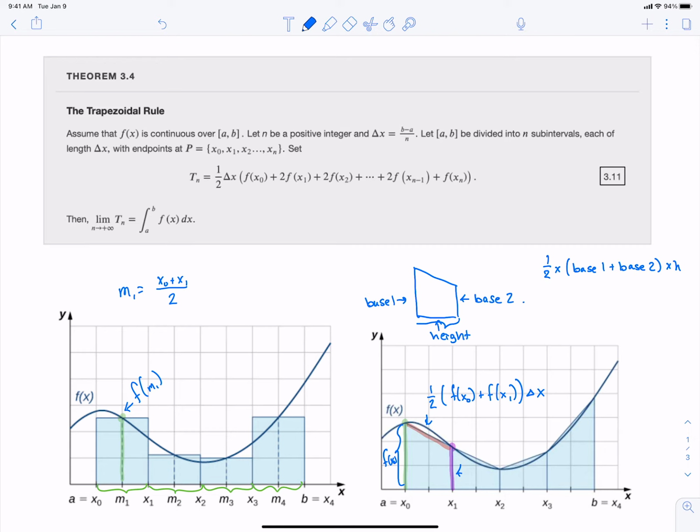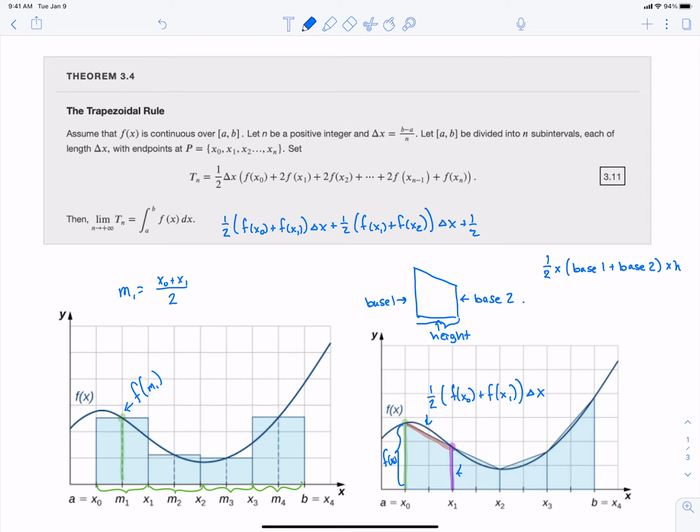So what our trapezoid rule ends up looking like, if we look at this one down here where we've got 4, is 1/2 of that first trapezoid times our delta x, and then our next trapezoid would be f of x sub 1 plus f of x sub 2 times delta x. So a way to view the area of a trapezoid is that you're taking the average of the bases and then multiplying it by the height.